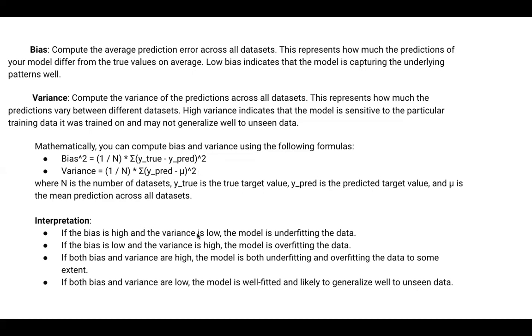So what is the interpretation? If the bias is high and the variance is low, the model is underfitting. If the bias is low and the variance is high, the model is overfitting the data. If both are high, the model is both underfitting and overfitting the data to some extent. But if both are low, it is the perfect, well-fitted model that we are looking for.